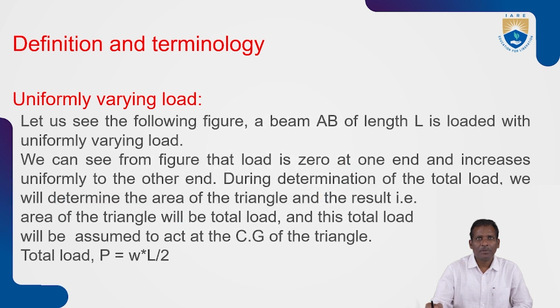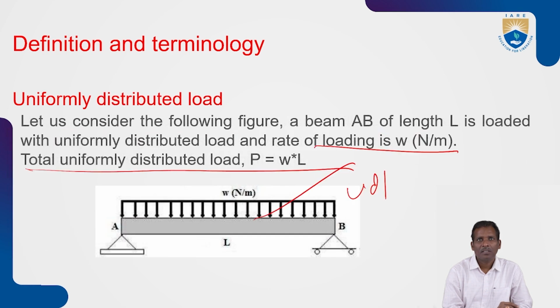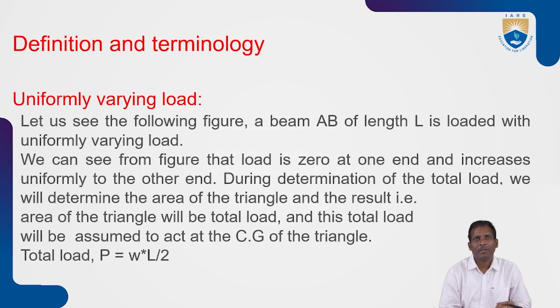You can see from the figure that the load is 0 at one end and increases uniformly to the other end. In the previous case it does not vary, it is constant. That's why it is a uniformly distributed load, and the rate of loading is W from one end to the other end.